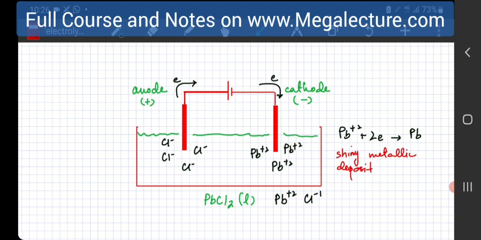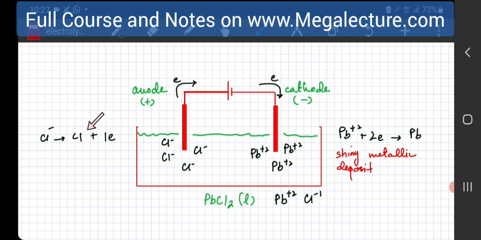On the other side, you've got your Cl ions and they're going to lose electrons. The battery is going to take away electrons. So make sure you learn how to write this equation correctly. So you got these Cl ions and these Cl ions are going to lose 1 electron because your Cl ion has 1 extra electron. So it's going to become a neutral Cl atom. And again, Cl, remember, is diatomic. It's group 7.